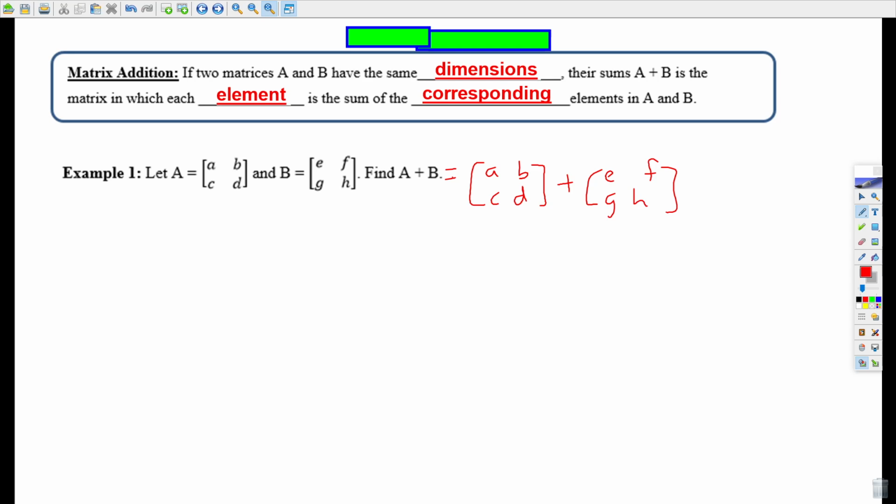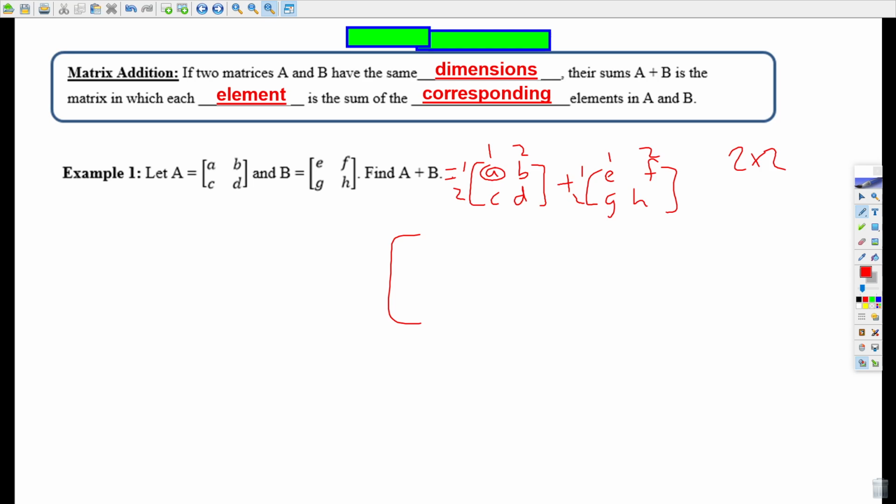So how do we do that? We look at the same row, same column, and add them together. As long as they're both the same dimensions, which they are, they're both 2 by 2s, then we can add them together. We're going to do a big matrix. The first row and first column is a. What does that get added with?